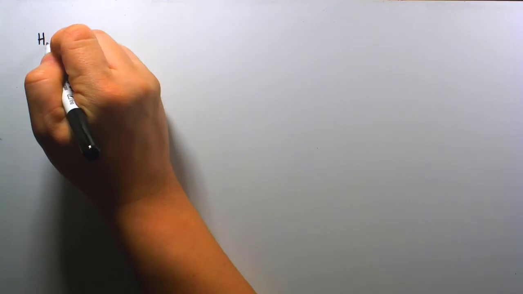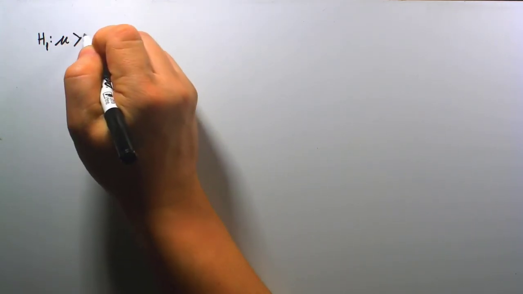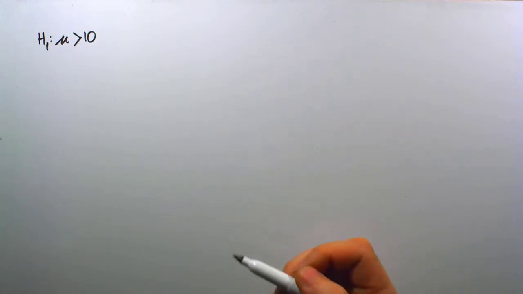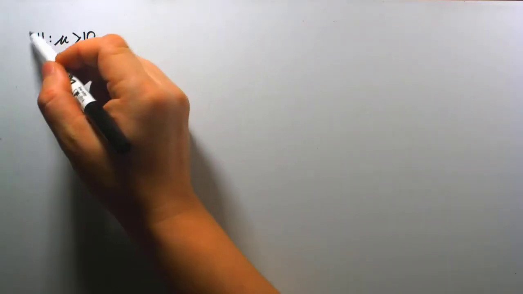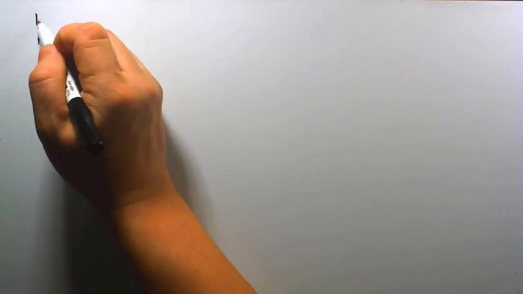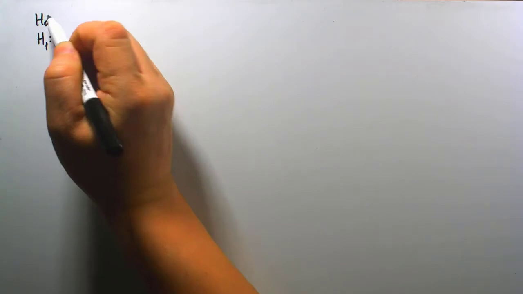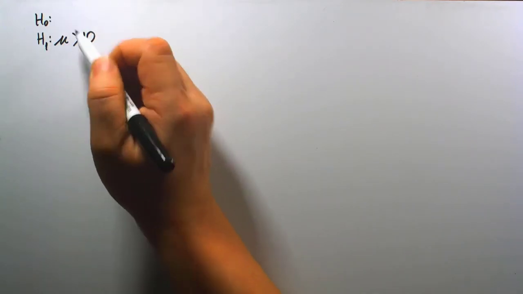Now we can write down for ourselves the alternative hypothesis. So H sub 1 says mu is suggested to be greater than 10 by observing the sample. And so easily from identifying the alternative hypothesis, we can now identify our null hypothesis by simply replacing this inequality symbol with the equal sign.